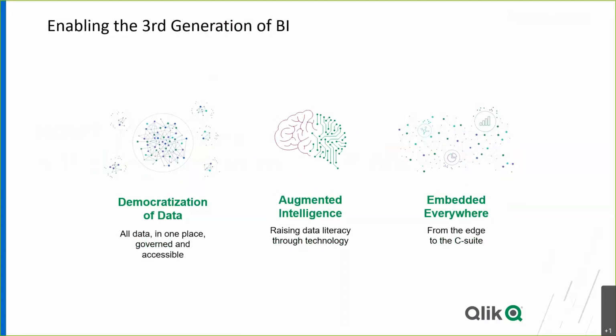Augmented intelligence, AI and machine learning, finds and highlights new insights for users, automates processes, and makes interaction much easier, increasing the data literacy and trust within our organizations. And embedded everywhere, analytics is no longer a destination, but is a part of all decision making, entering daily business processes and workflows. And again, today we're going to have a look at a few examples of this.